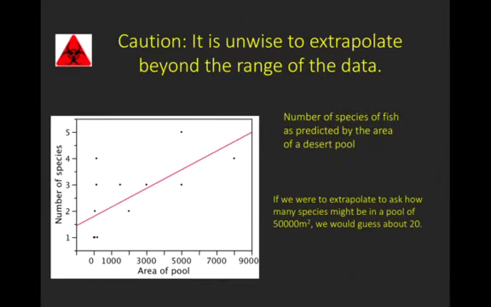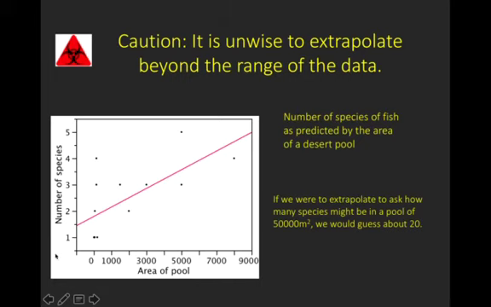One big note of caution as you go forward. When we're working with our data, we are pretty much bound by what we collected. In this case, this graph on the left was looking at the number of desert fish species in pools. This is the area of the pool in square meters, and this is the number of different species found in that pool.